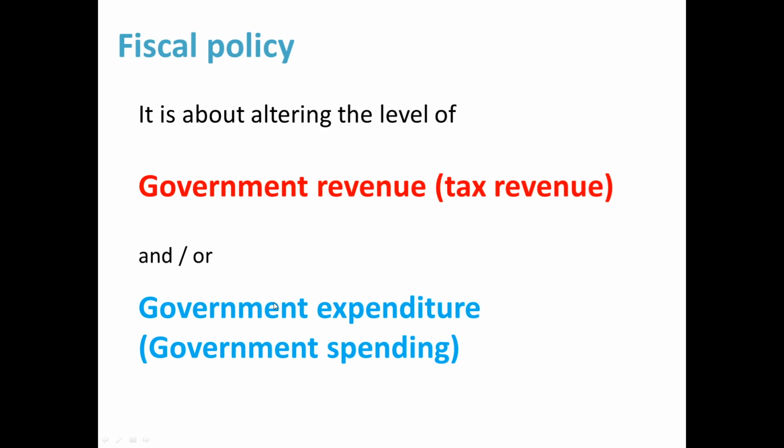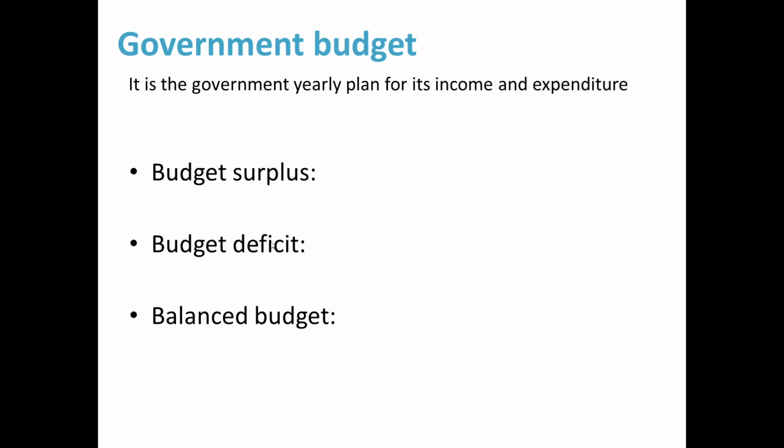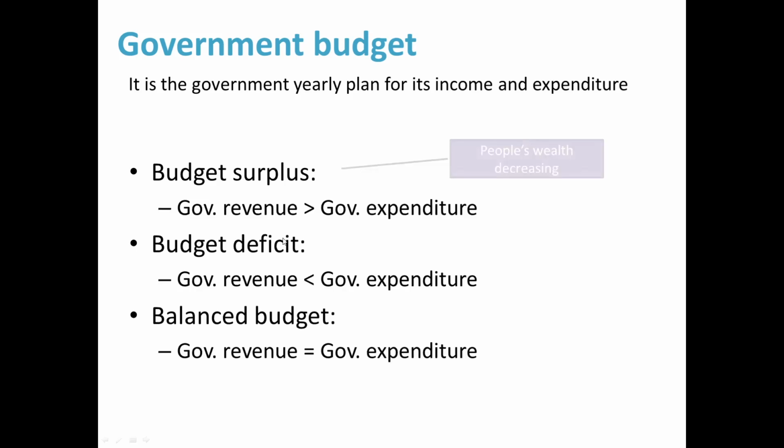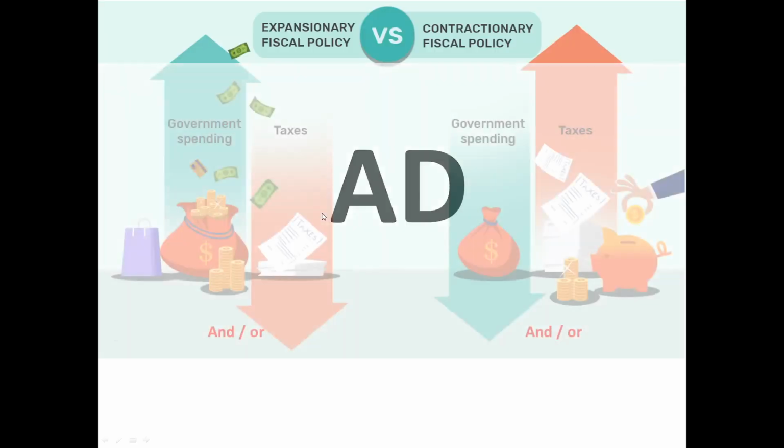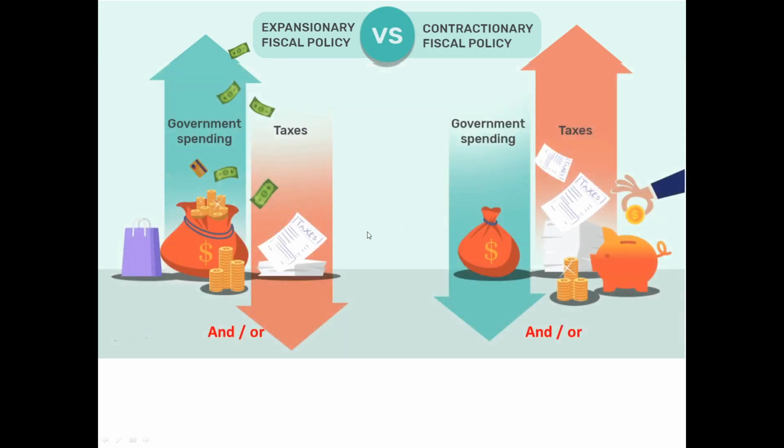When the government is increasing the tax or the tax rate, you receive less income, so you spend less, so AD decreases. Okay, yeah, right. So there you go, and by using different fiscal policies, we can achieve different objectives.